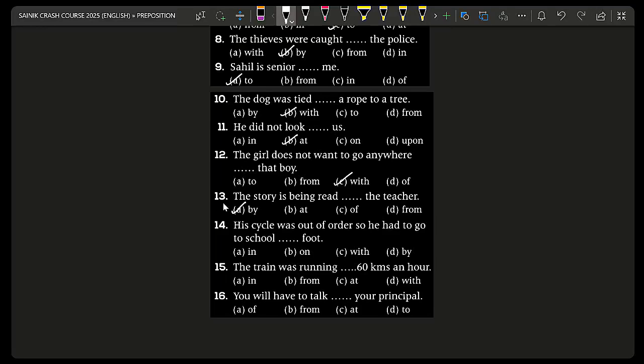His cycle was out of order, so he had to go to school dash foot. Sir, on foot. Yes, on foot. But whenever you use a means of transport, like bus, train, etc., what is the preposition to be used? For foot, you are using on foot. In place of foot, if I gave you bus, then what will be the correct answer?